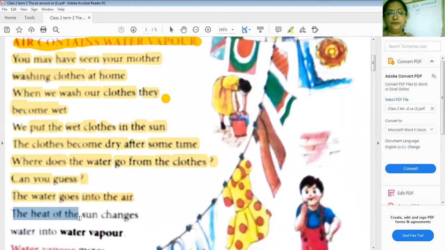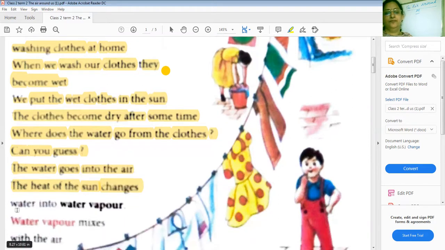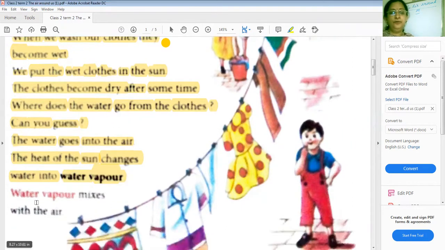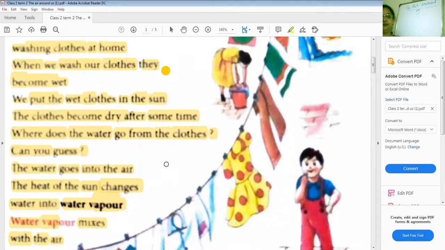The heat of the sun changes water into water vapor. The heat of the sun changes water into water vapor. Water vapor mixes with the air. What happens to this water vapor? It mixes with the air.